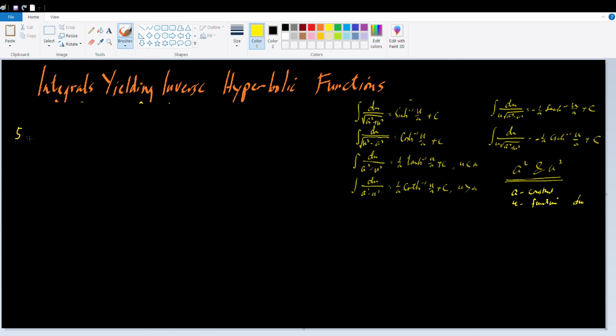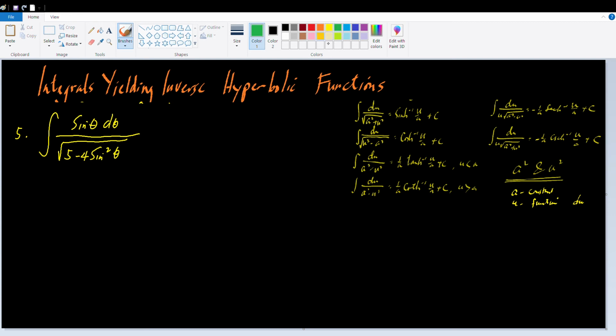For our next example, we evaluate the integral of sine theta d theta all over the square root of 5 minus 4 sine squared theta. We have our radical 5 minus 4 sine squared theta.